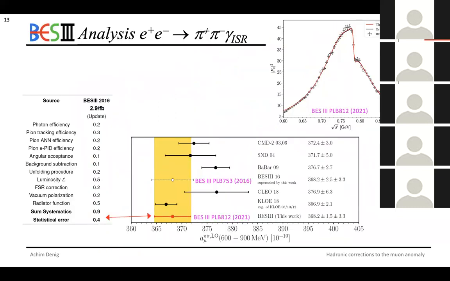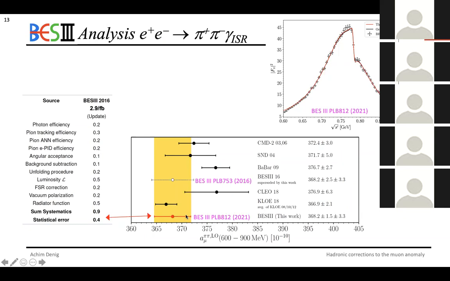I promised that I'm going to speak a little bit about BESIII. At BESIII, we did this measurement a couple of years ago. We found an issue in our covariance matrix, which reduced the statistical uncertainty, and we came up with a new publication last year.